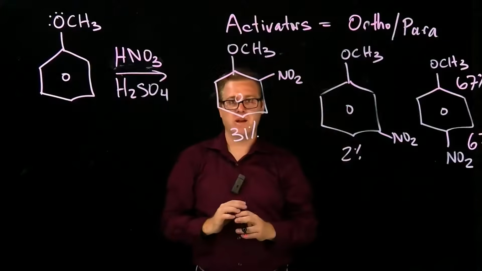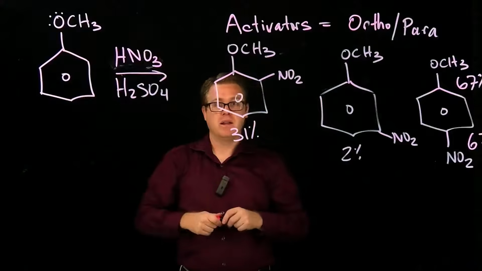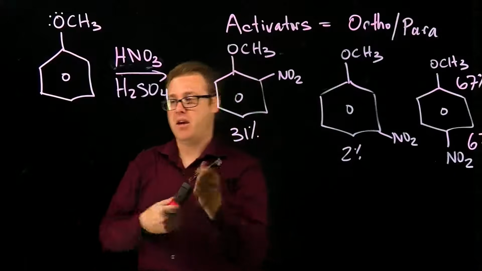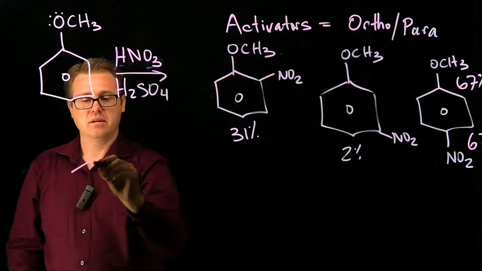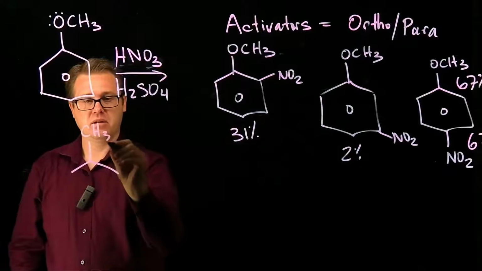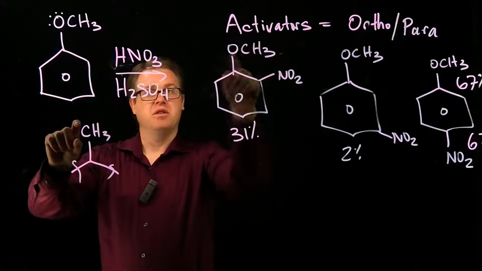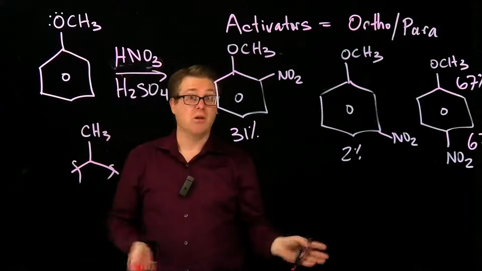So why did it switch? Well, the quick and easy answer is when you compare a methyl group to a methoxy group, with the methoxy group, you now have more steric bulk.